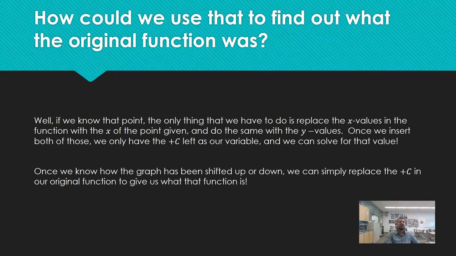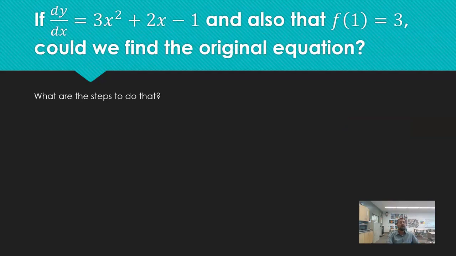In order to know that, we would just have to find a single point. If we knew a single point that existed on the original function, from that point we would be able to tell how much the function has been shifted up or down. Really, all we're doing is solving for the plus c. So we would just replace the plus c in the original function by knowing what the original point was.